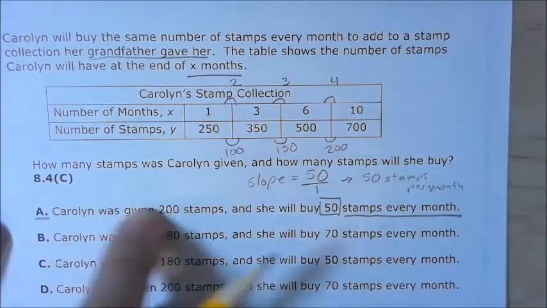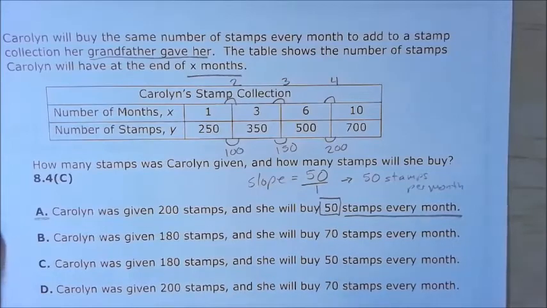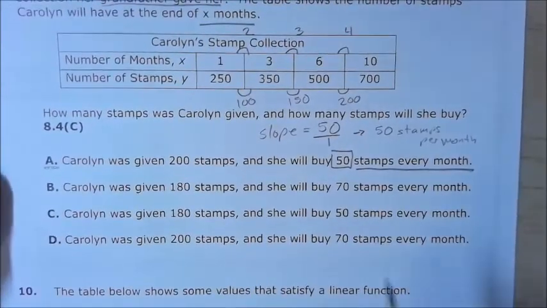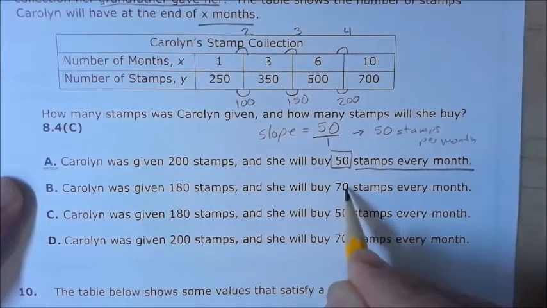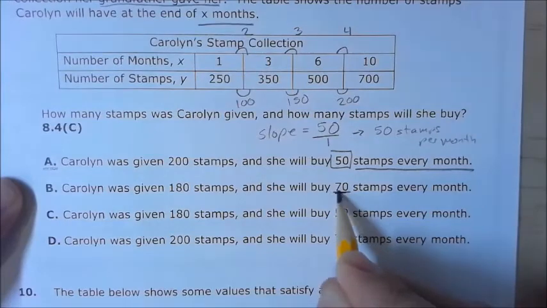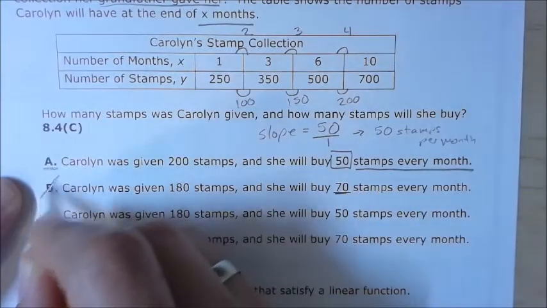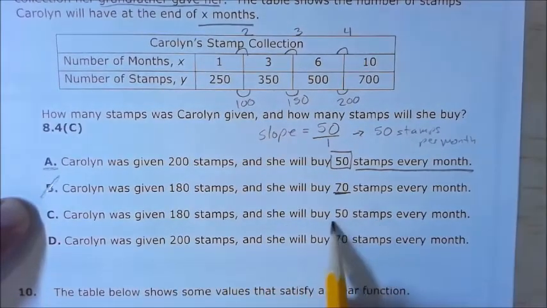I haven't looked at the first part yet. We're going to figure that out in a second. I just want to see, can I cancel out some of these by knowing how many stamps she gets a month. If I look at the next one, B says 70 stamps a month. Well, I know that's false. She's increasing by 50 stamps every month. So we can just cancel that out. C says Carolyn was given 180 stamps and she will buy 50 stamps every month.